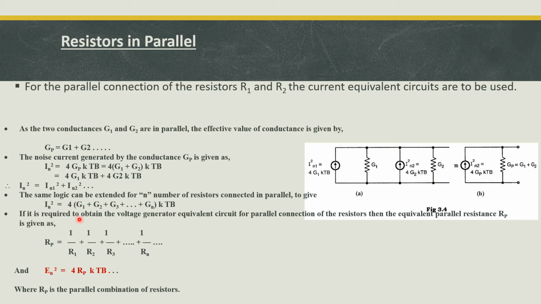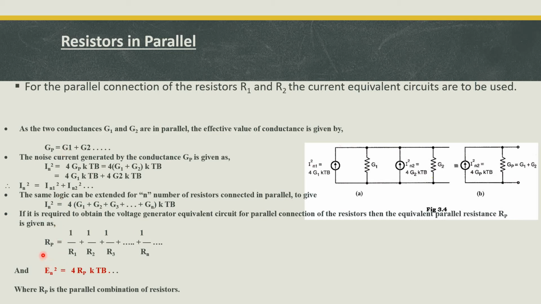If it is required to obtain the voltage-generated equivalent circuit for the parallel connection of resistors, then the equivalent parallel resistance Rp is given by 1 by R1, 1 by R2, 1 by R3 and so on up to 1 by Rn. This 1 by R1 is represented here as G1.